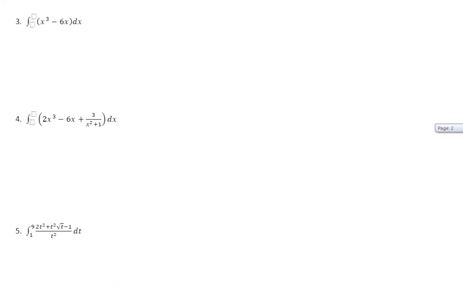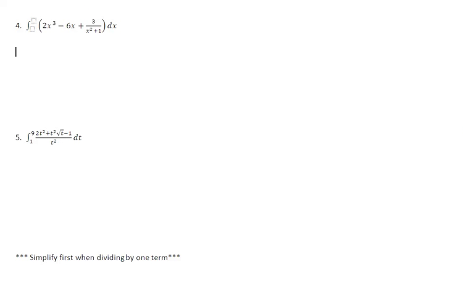Next one. I know I'm going fast, but this really isn't difficult. It's just understanding that an integral is an antiderivative. A definite integral is the actual area under the curve, which you still find using the antiderivative. Next one, go term by term. The first term would be 2x to the 4th divided by 4, so x to the 4th over 2.